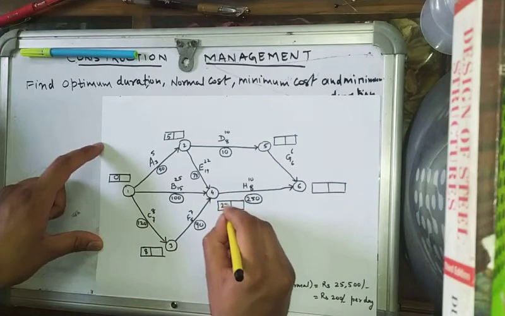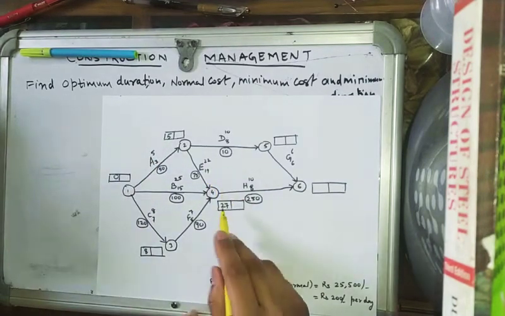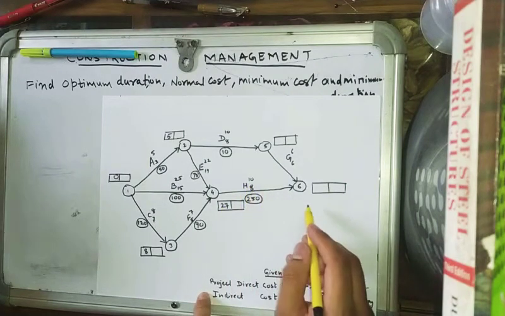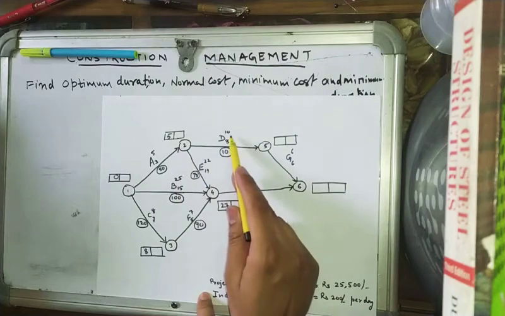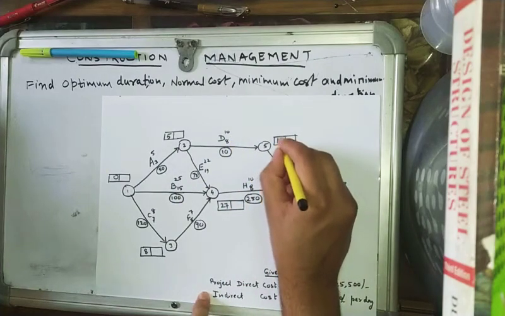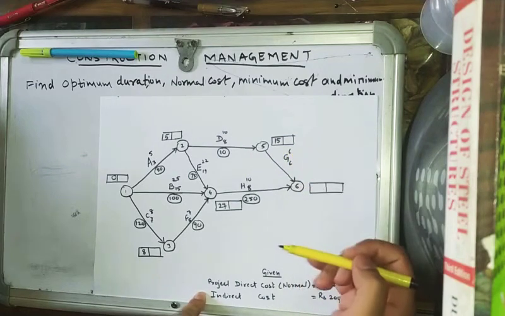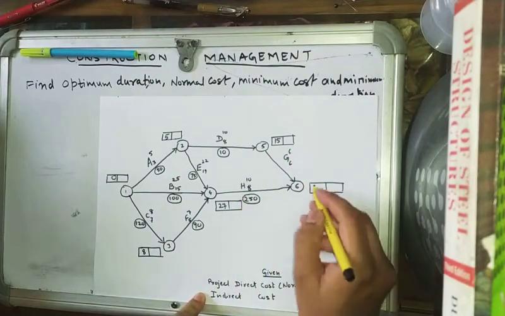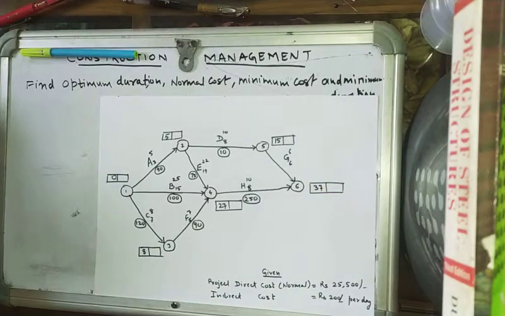So we'll take the maximum value, 27, that is 5 plus 22. So 27 plus 10 is 37, and here 5 plus 10 is 15. 15 plus 6 is 21, and here we get 37. So the project duration will be 37 days.